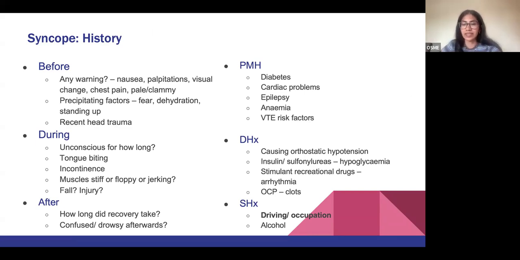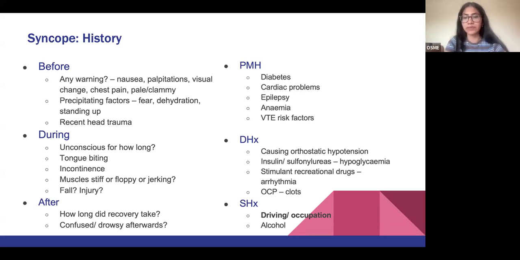If they're taking insulin or sulfonylureas, then that can be just a period of hypoglycemia. Stimulant recreational drugs, so amphetamines, cocaine can precipitate arrhythmias, especially in young, healthy people. And you can see if they're on the OCP or other drugs that increase your risk of thrombosis.